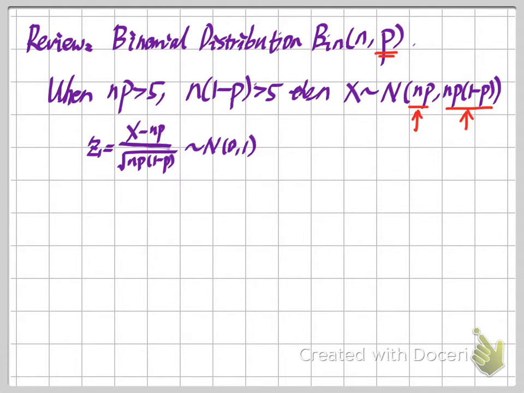Now that we have done this approximation, one more thing I want us to review before we talk about the confidence interval is what we should do to approximate the value of p.